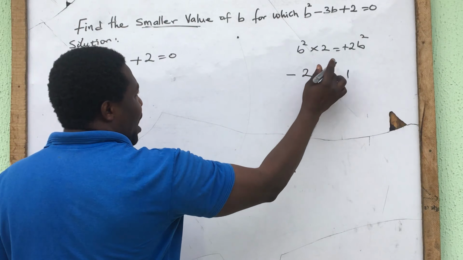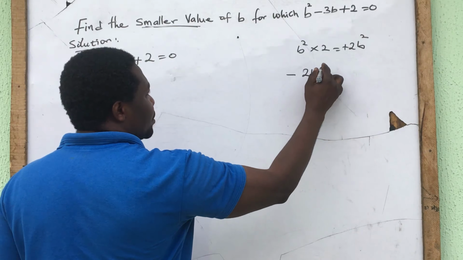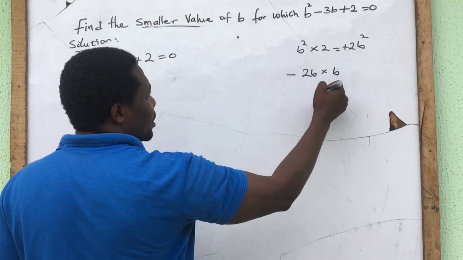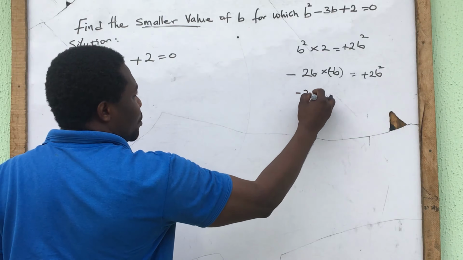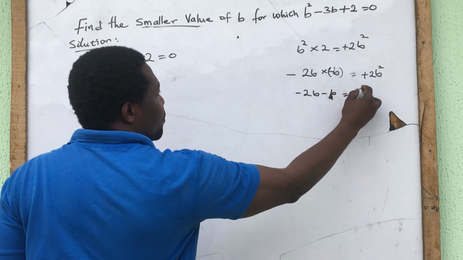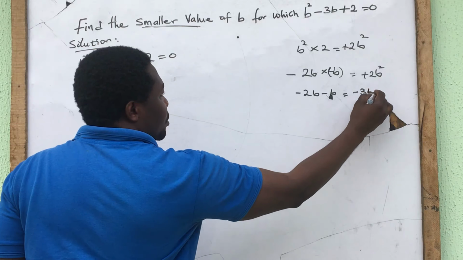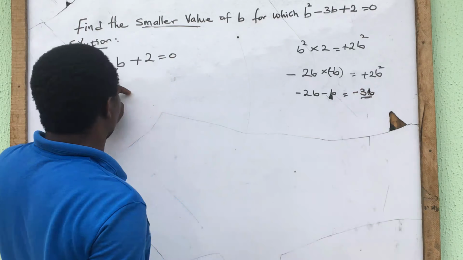So 2b times 1b, the minus 2b times minus b gives us plus 2b squared. When we combine it, minus 2b minus b gives us minus 3b, which is this.